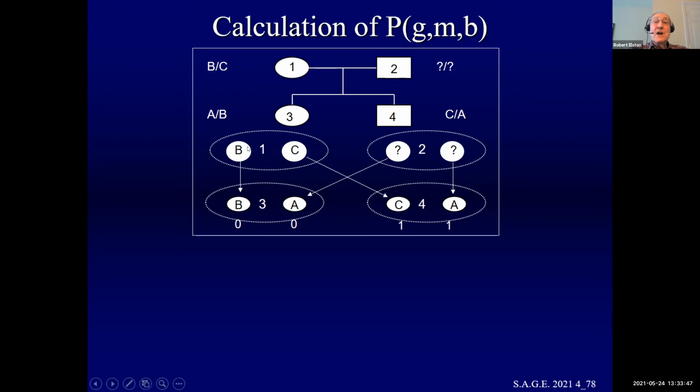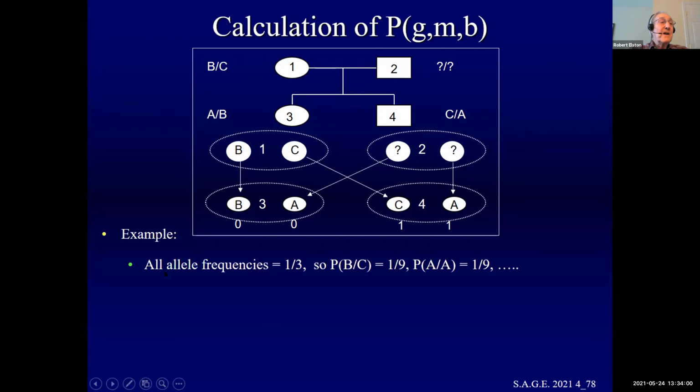We're going to look at this simple example of 2 parents and 2 offspring. We're going to assume that all allele frequencies in the population are 1/3. No matter what genotype you've got, whether it's B/C, an ordered genotype, or A/A, they're all going to be 1/9.